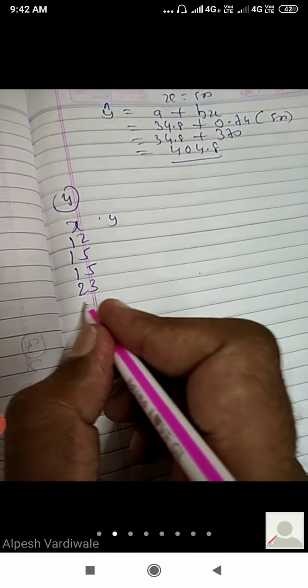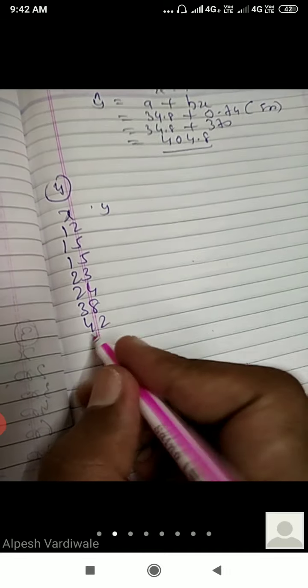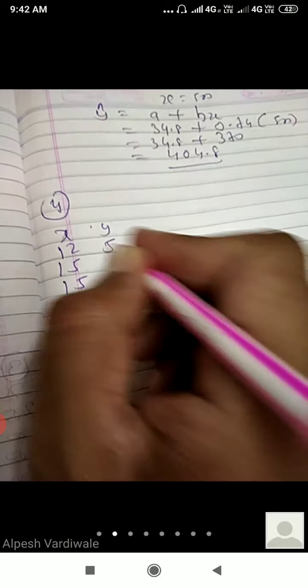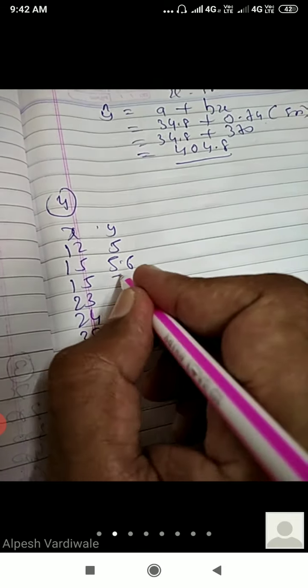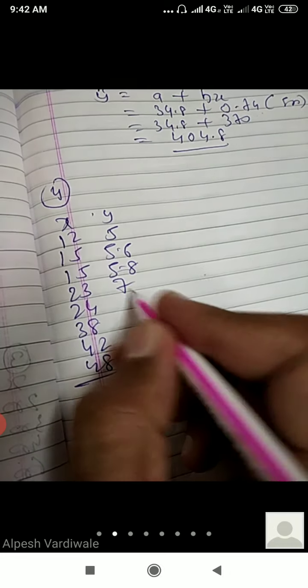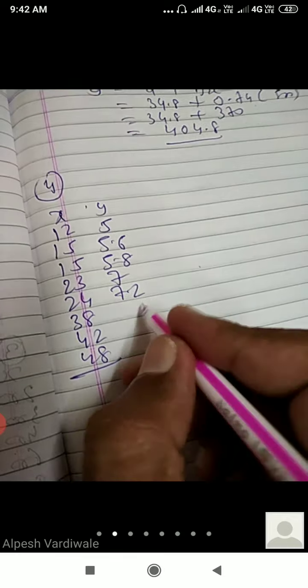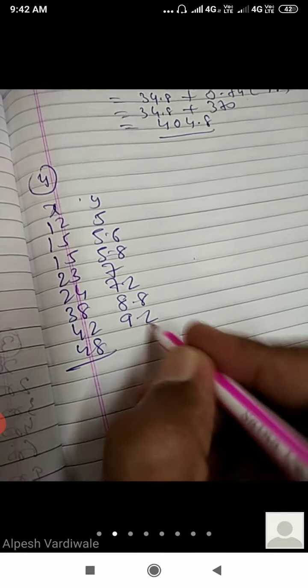Now the total of x is 217, and of y is 58.1. Okay. So first of all find x bar, sigma x upon n. Your value is 217 divided by the number of observations, that is 8.